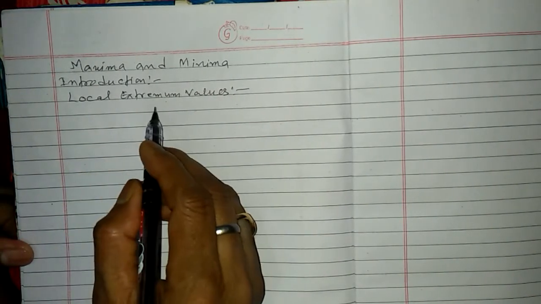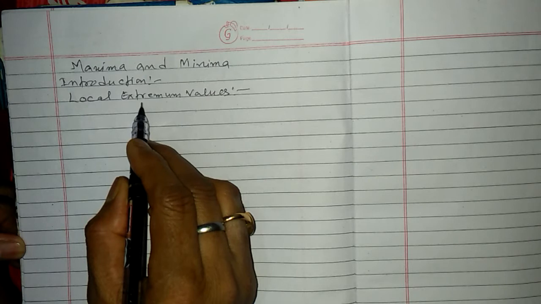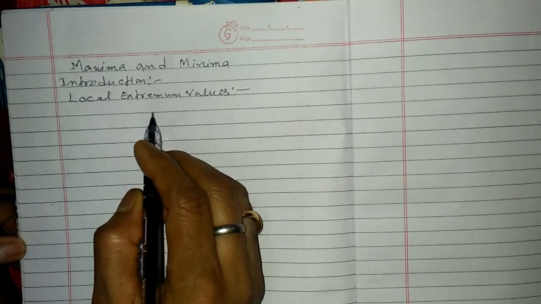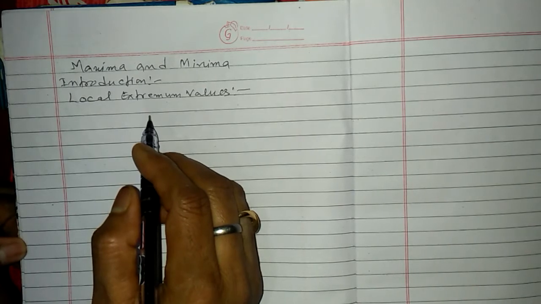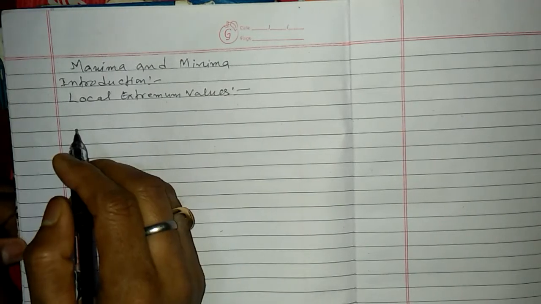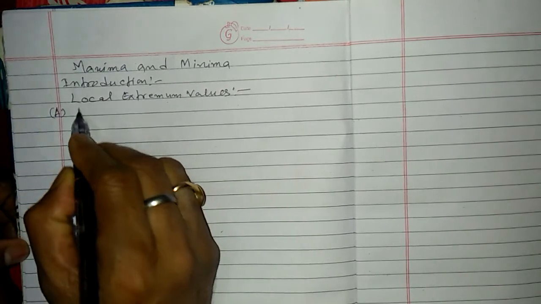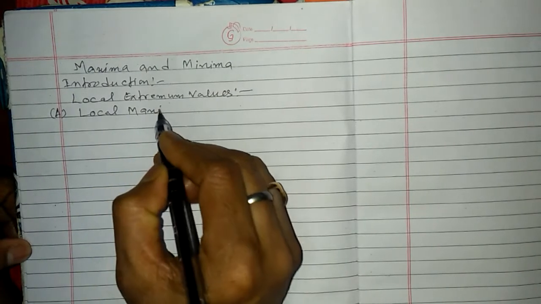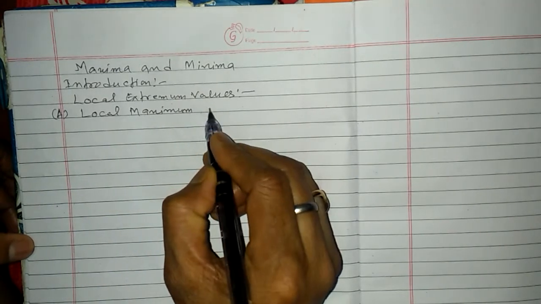Local extremum values means local extreme points, that means local maximum value and local minimum value together are called local extreme values. Okay, first of all we discuss point A, local maximum value.